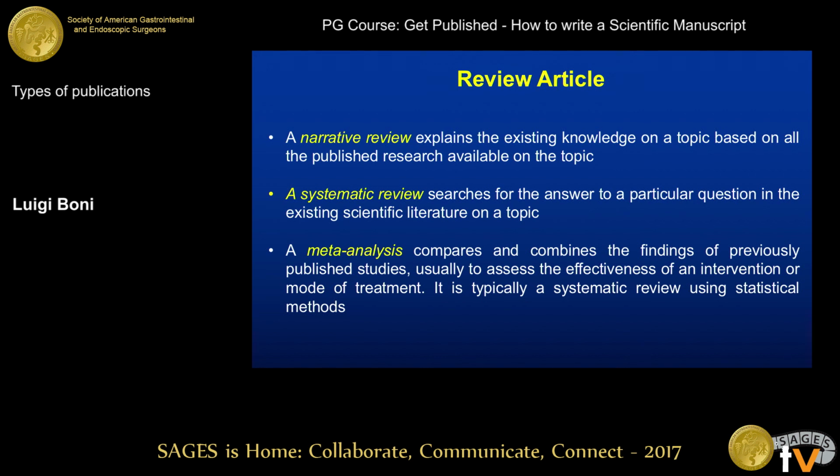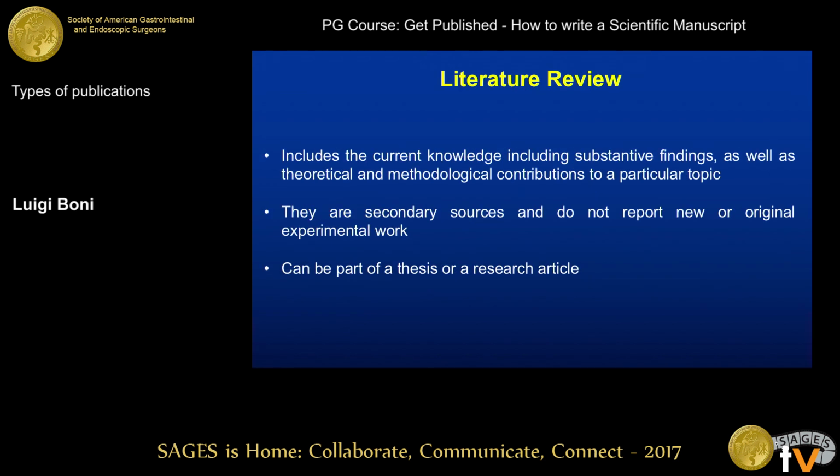So you compare and combine different published studies, but you have two possible outcomes, and you use a statistical method to compare. In fact, in a meta-analysis, usually you have a forest plot, which is a way to describe differences between two possible approaches to one design.